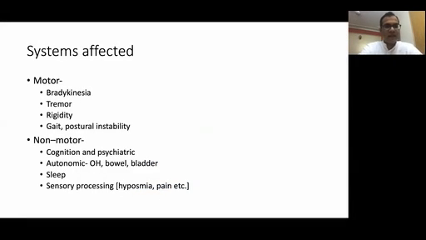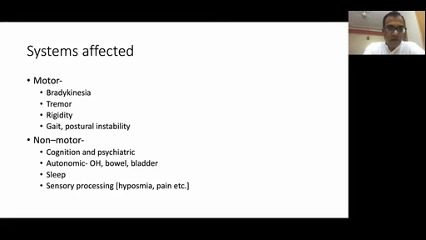So the system that is affected is largely the motor system. That is the crux of Parkinson's disease. The predominant movements affected are because of motor system involvement.